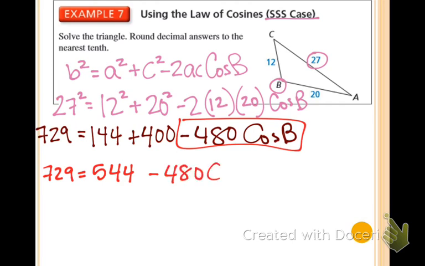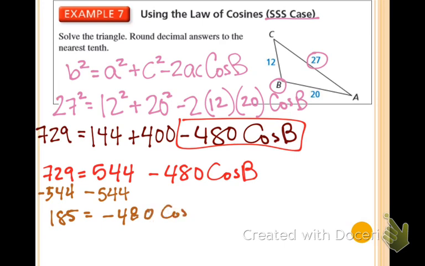Again, you cannot subtract that. But we are going to move 544 onto the other side. We can move that by subtracting that. Minus 544. What do we get? Equals negative 480 cosine of B. So we're almost there.